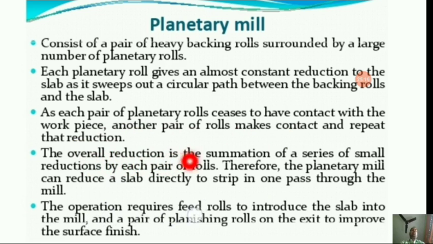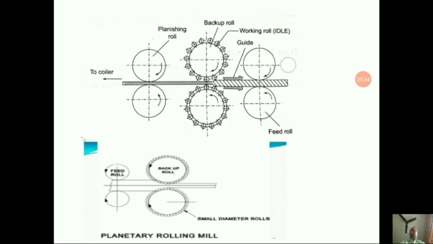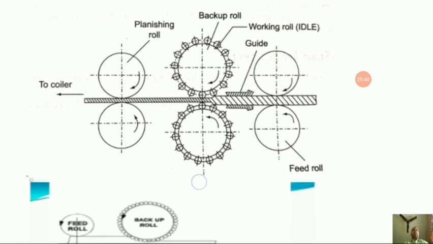The overall reduction is the summation of a series of small reductions by each pair of rolls. Therefore, the planetary mill can reduce a slab directly to strip in one pass through the mill. The operation requires feed rolls to introduce the slab into the mill and a pair of finishing rolls on the exit to improve the surface finish. So this is the arrangement of planetary rolls, as you can see over here.